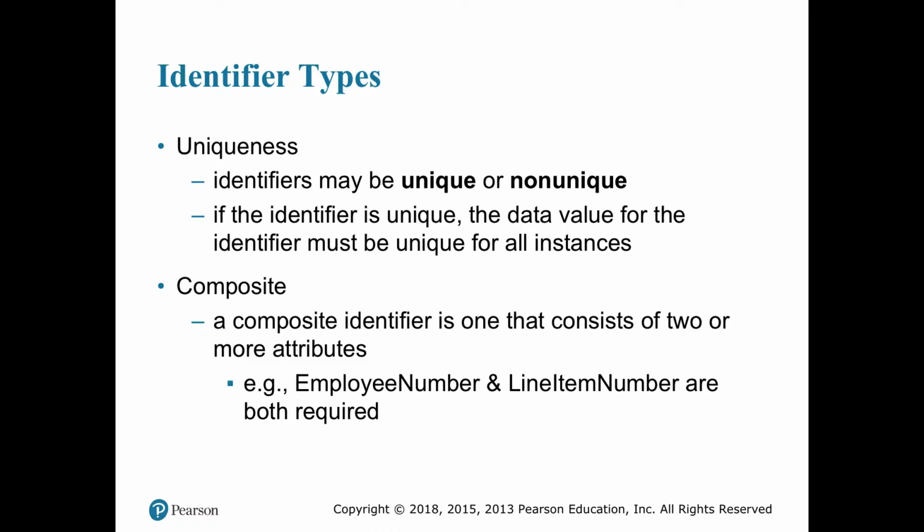So you're saying, okay, it takes employee number, line number, and we'll say date added, which is not here, but we'll make that up, and these three fields are unique. That is a composite.